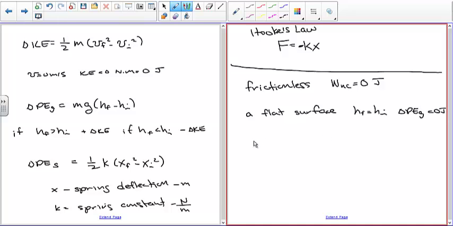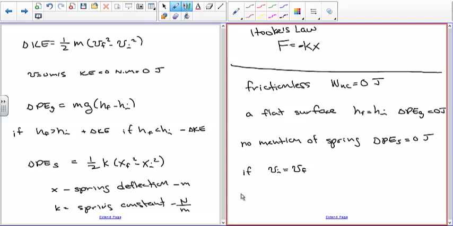If it doesn't mention a spring, so no mention of spring, that means that the change in spring potential energy equals 0 joules. And if the initial velocity equals the final velocity, now they don't have to both be 0, they just have to be the same.